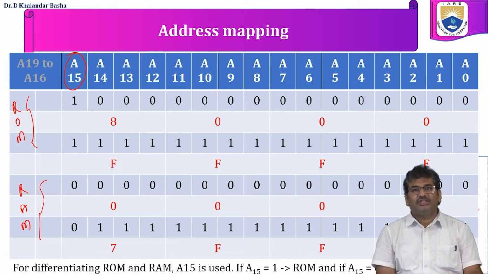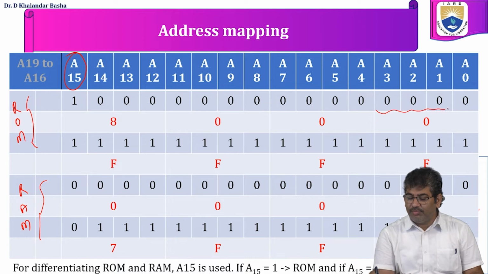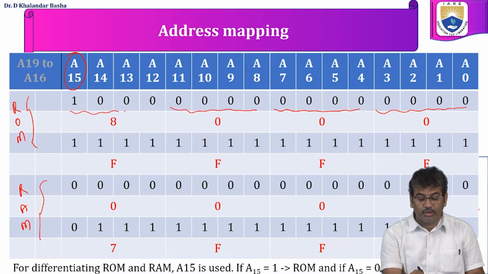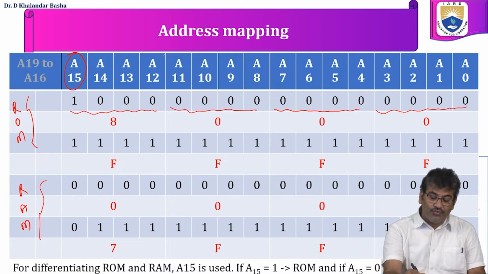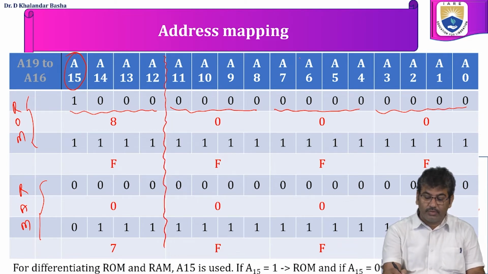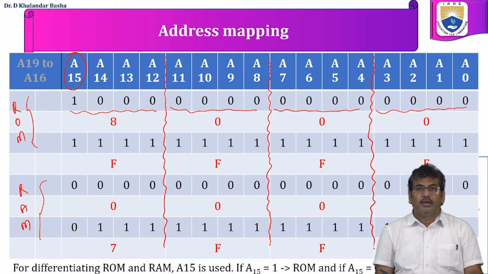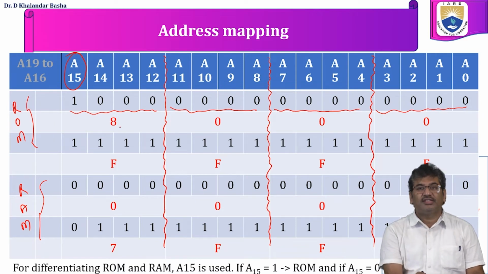Now the address which is generated, we can represent in hexadecimal by combining 4 bits. These 4 bits give us 8.